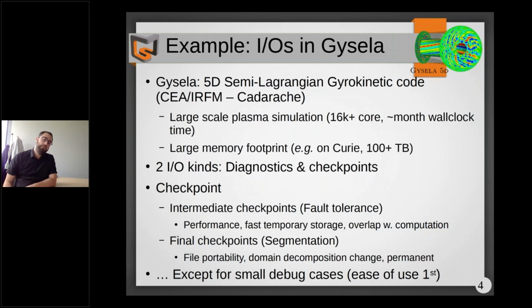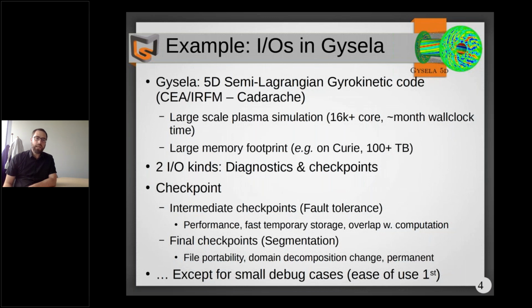It's a code for plasma simulation developed at CEA IRFM in Cadarache, France. It's a gyrokinetic code that runs on very large parallelism with a large memory footprint. So, for example, on the Curie machine, it uses more than 100 terabytes of memory.